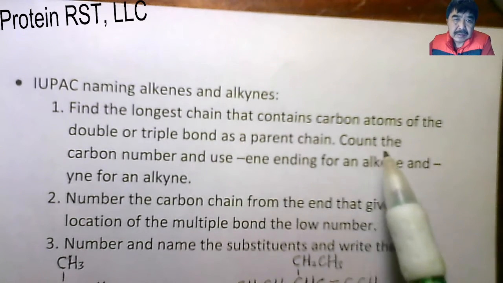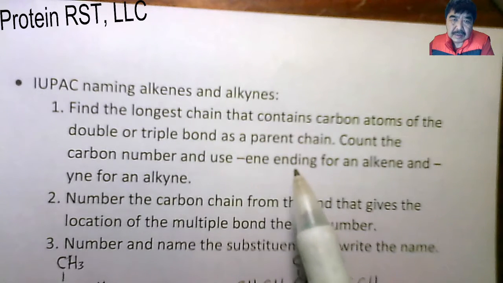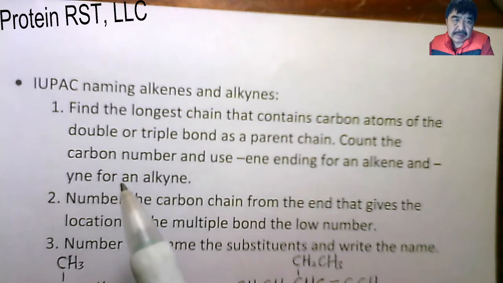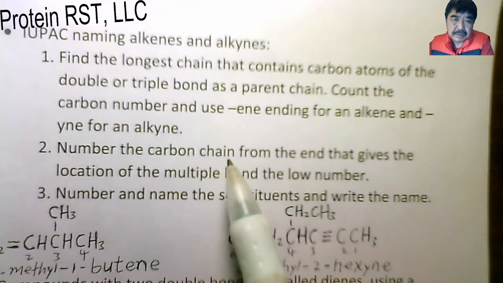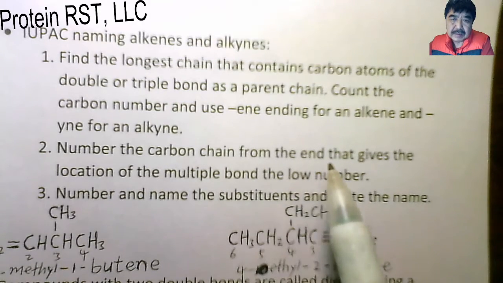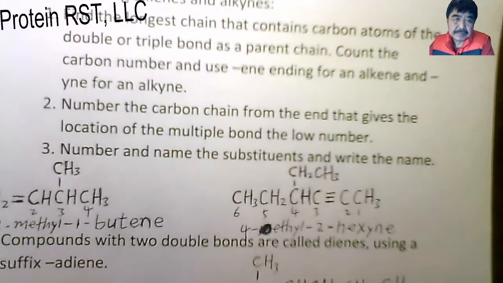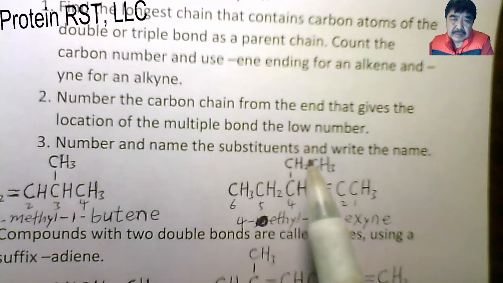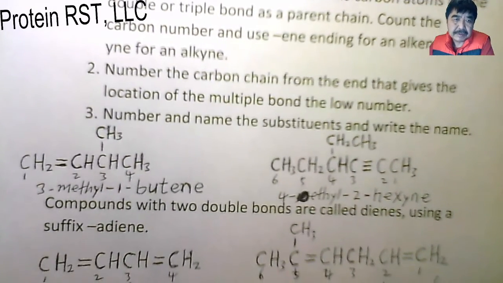Then count the carbon number and use the ene ending for the alkene and yne for the alkyne. Then number the carbon chain from the end that gives the location of the multiple bond a lower number. Number and name the substituents and write the name. We have 2 examples here.